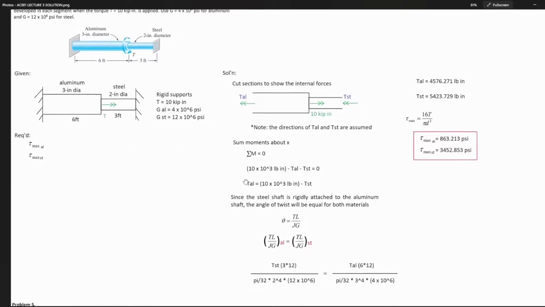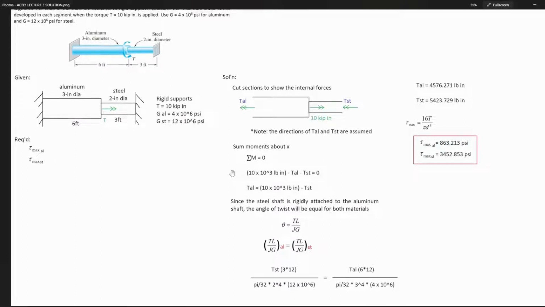Therefore, equation yun. Diba? Oh, angle of twist is equal to TL over JG. Since rigidly attached, yung theta ni aluminum equal sa theta ni steel. That is another equation, diba? So, ito ang tinatawag na compatibility equation.